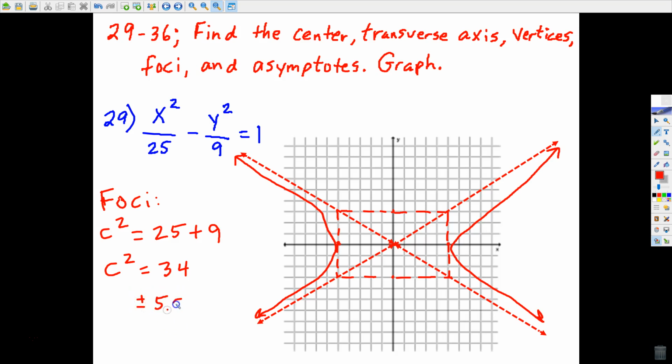I'm saving a little bit of time. You would just plug that into your calculator, square root of 34, and round it. So my focal points are also on the x-axis, plus minus 5.8, 0. Just almost at 6 and negative 6.